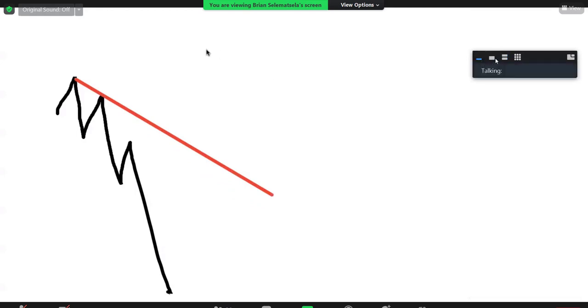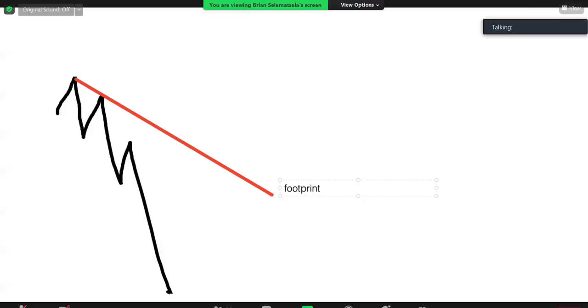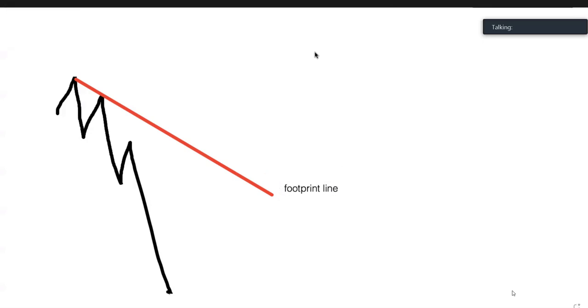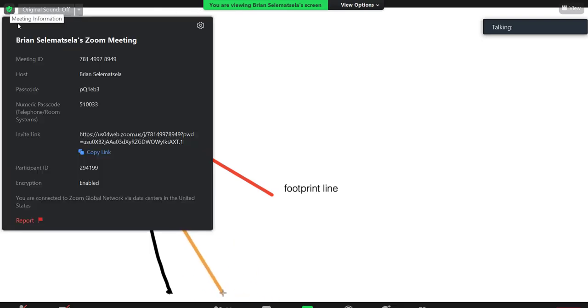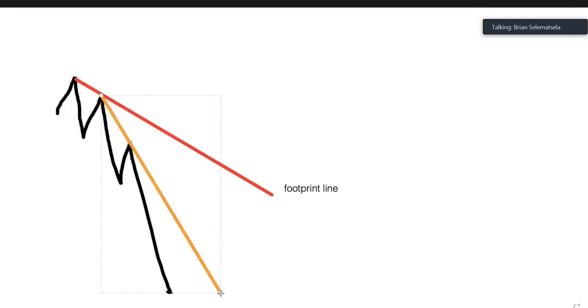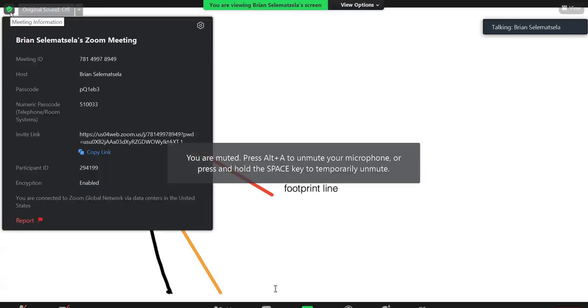That's the footprint line. The second line is called the first layer line, which is the most important line.